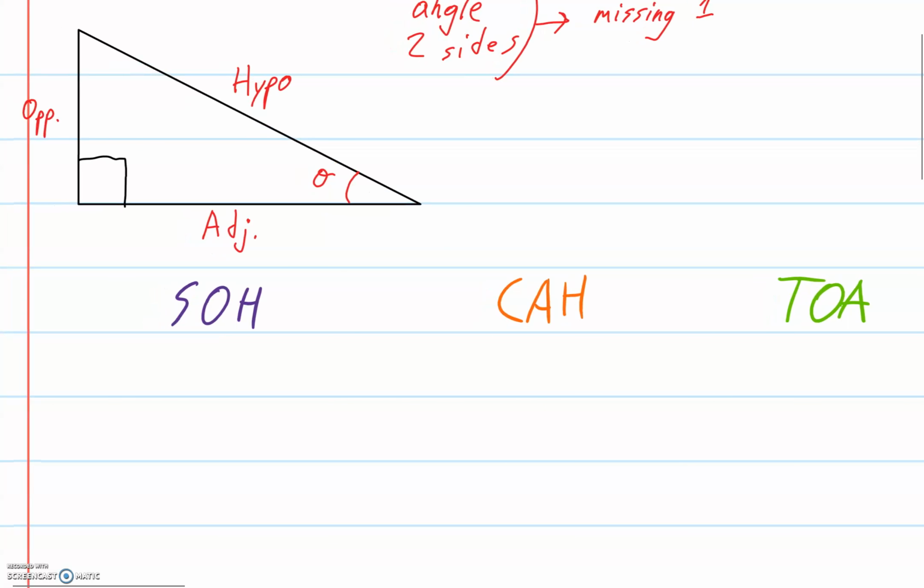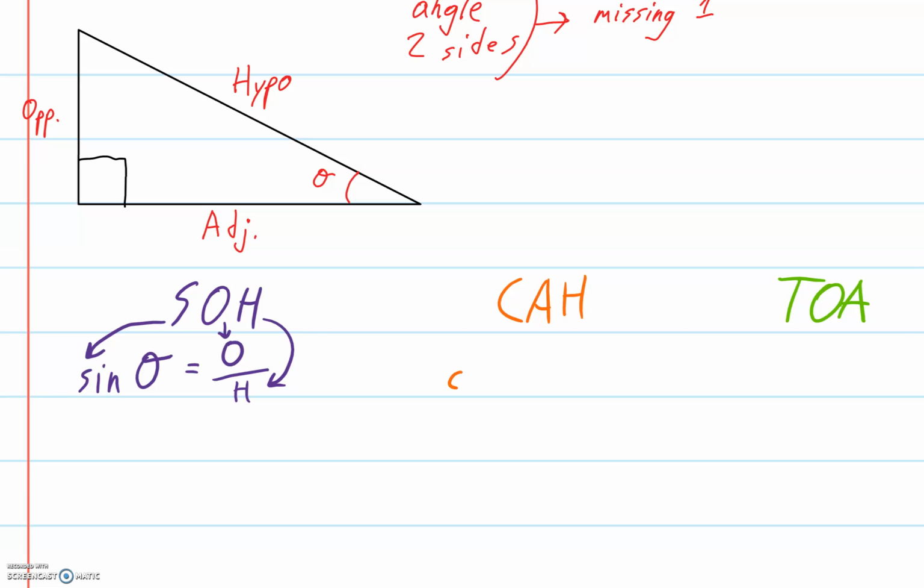So the most basic function for each of these is, if you have the sine, the S for sine, sine of the angle equals opposite over hypotenuse. And they're all going to follow the same format.